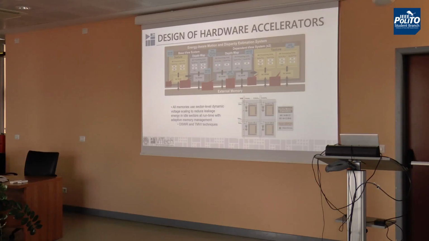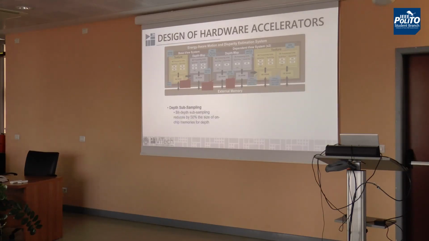This is data-oriented, right? So we used all that knowledge, those algorithms like reducing the search window, to reduce the memory, or at least the active memory. We use that to dynamically turn off sectors of our on-chip memory, and here we have some savings.